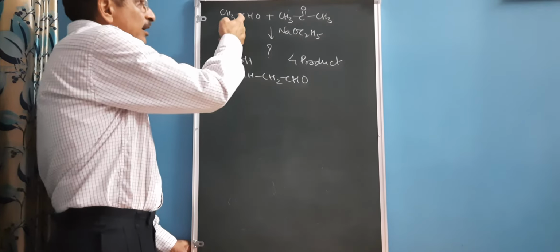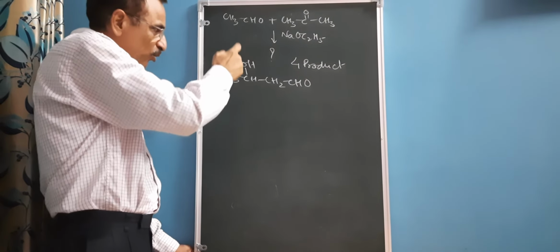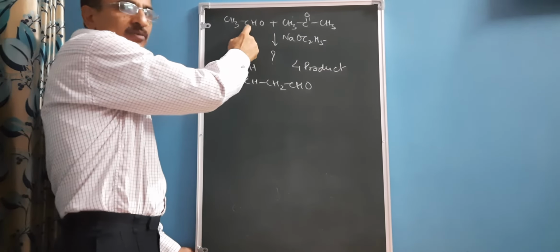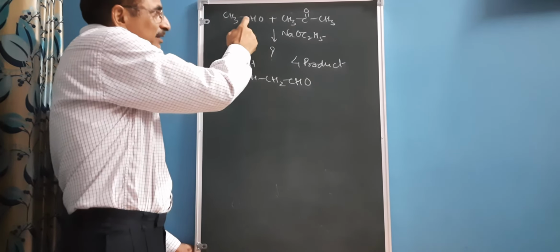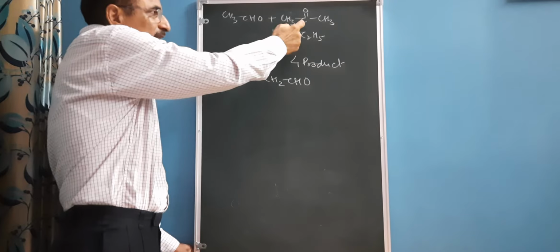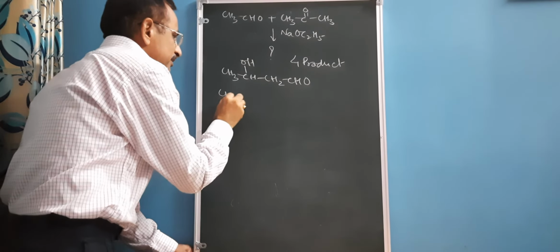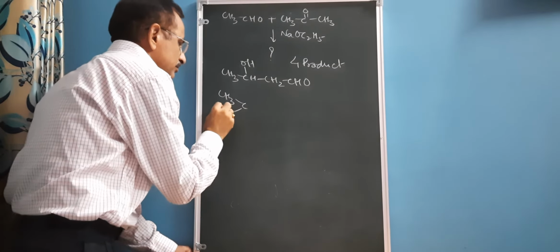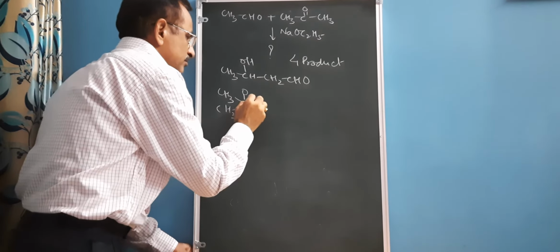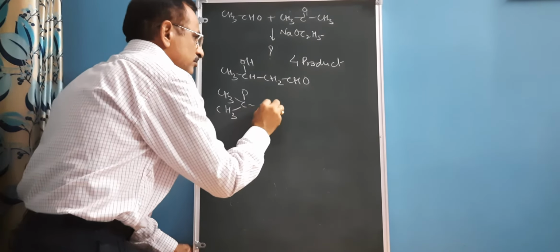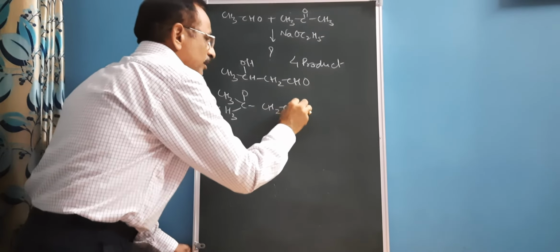If the carbanion of this aldehyde approaches the carbonyl carbon of the aldehyde, then this product will form. And if the same carbanion approaches this ketone, in that case, this product will form.